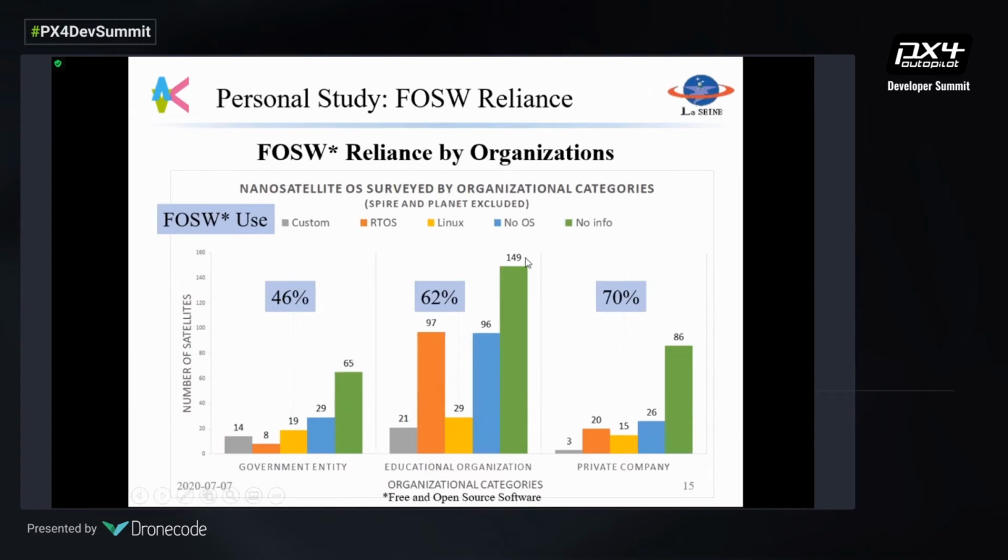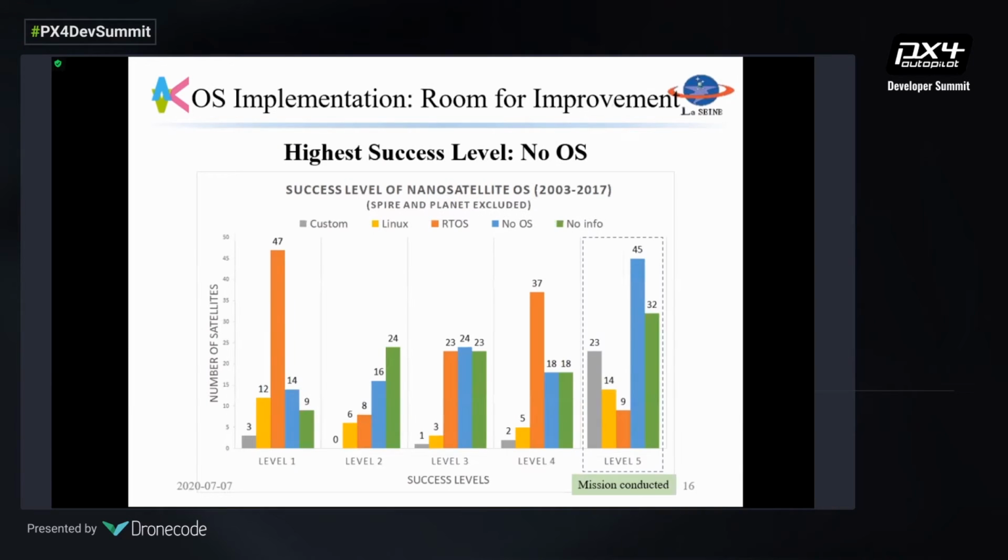Most of those operating systems are free and open source. You can see that educational organizations and private companies are utilizing free and open source software. But the issue has been they are not reliable enough. Reliability is still an issue.